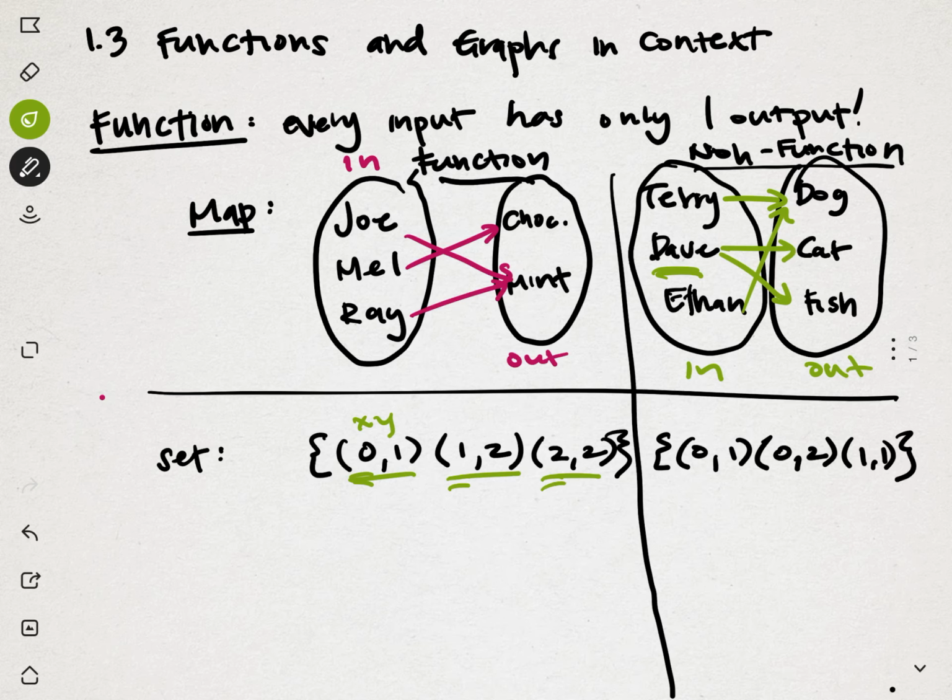They have the same output for these two, but just like we said in the first one, we can have someone have the same output as another person. That's still good as long as we don't have the same input going to more than one output.